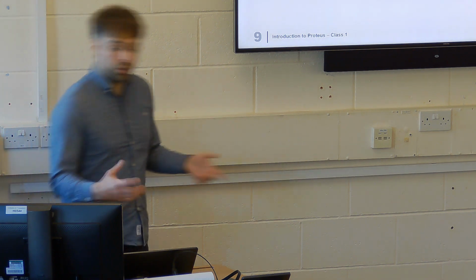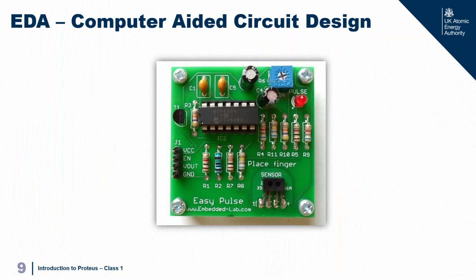And what does that produce? That produces something like this. Now, what are the hallmarks of a circuit that has been designed in an EDA package? How can you tell that's been done by software? It's neat. Yes, it is neat.